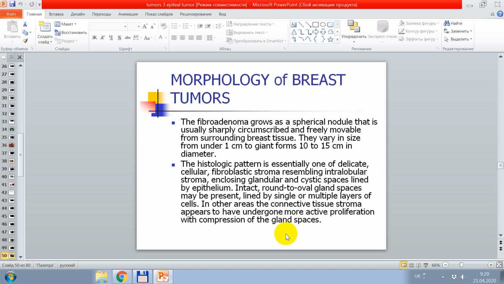The histologic pattern is essentially one of delicate cellular fibroblastic stroma resembling intralobular stroma, enclosing glandular and cystic spaces lined by epithelium. Intact round to oval gland spaces may be present, lined by single or multiple layers of cells. In other areas, the connective tissue stroma appears to have undergone more active proliferation with compression of the gland spaces.